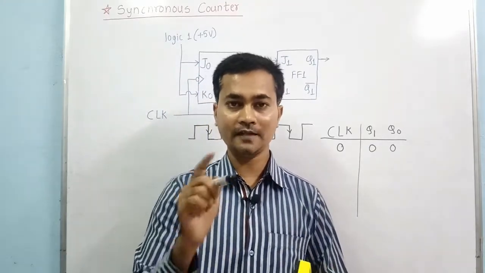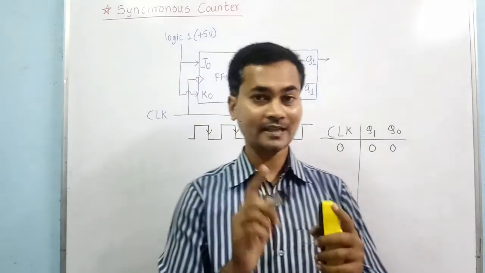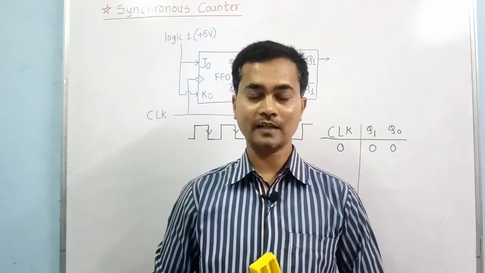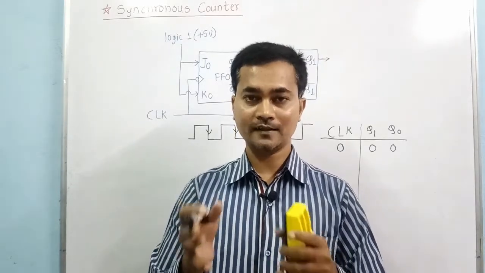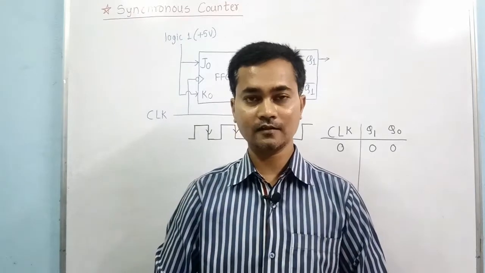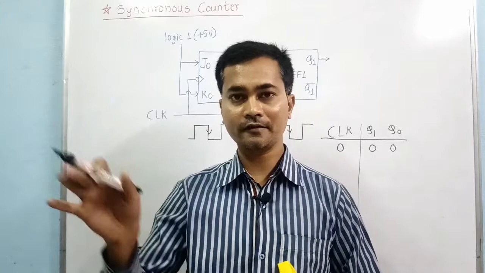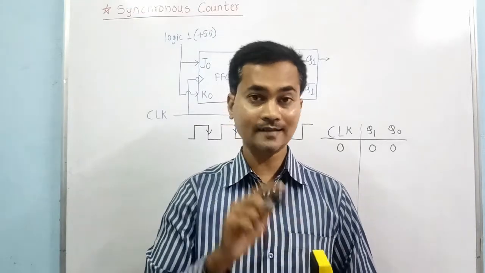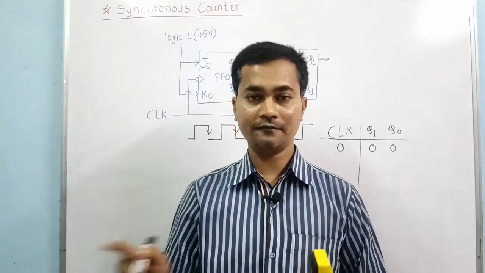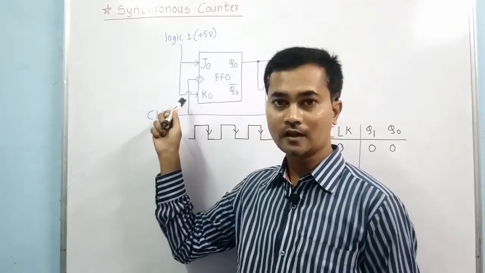When JK is 0 0, Q will have no change; whatever the present state is, the next state will be the same. When 0 1 is applied to JK, the output will be reset. When 1 0 is applied, the output will be set, and when 1 1 is applied, it is called the toggle state.